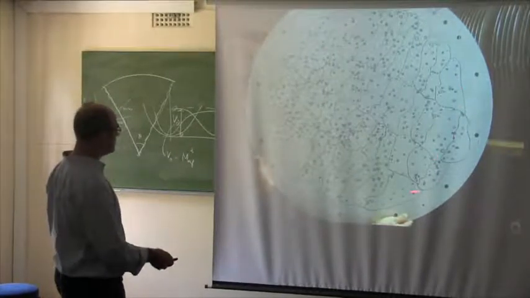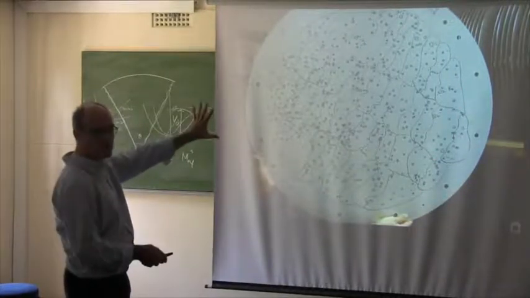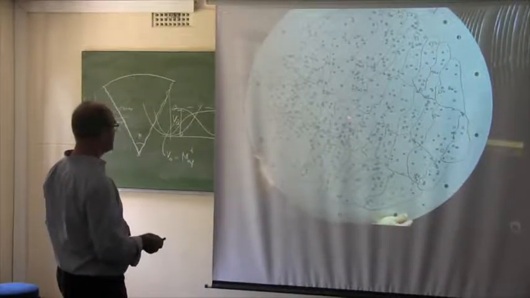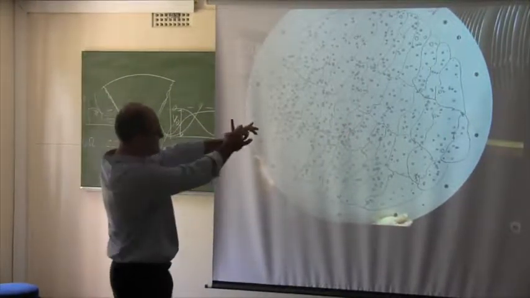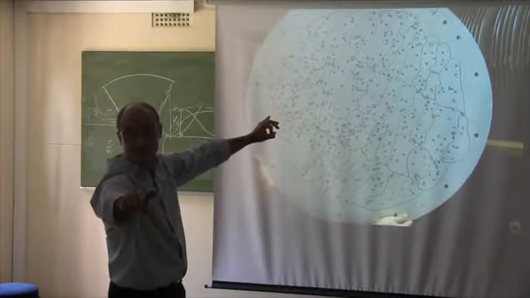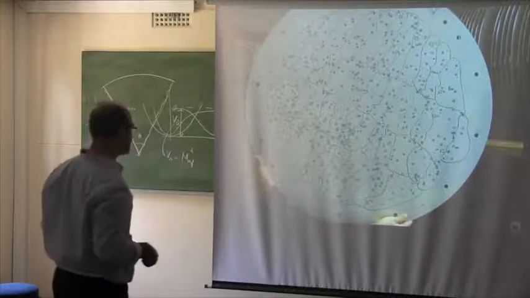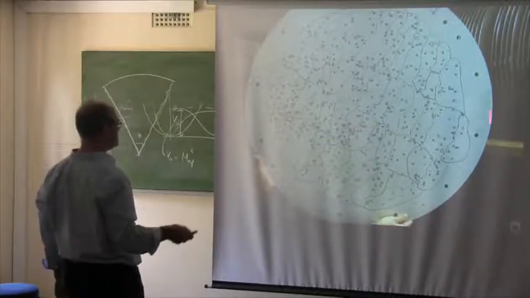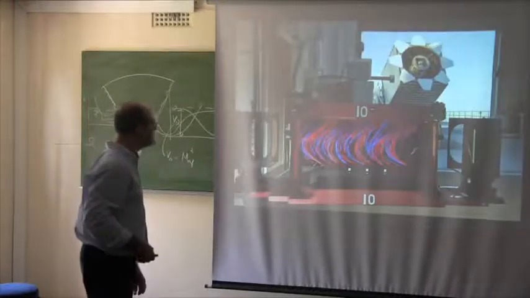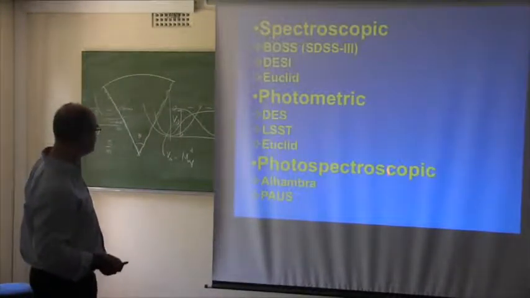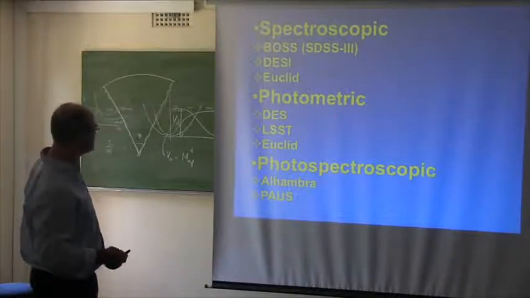You put each one of those fibers at a position of an object, which you previously have measured on your field of view, and then you take light from that object, take it through the waveguide all the way to a spectrograph, and from the spectrograph you get the spectrum of the galaxy. It takes ages. That's extremely hard. You have to make holes here and determine the position and the light from those objects. Much easier is to use photometry.